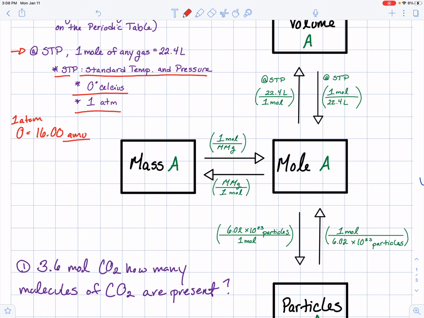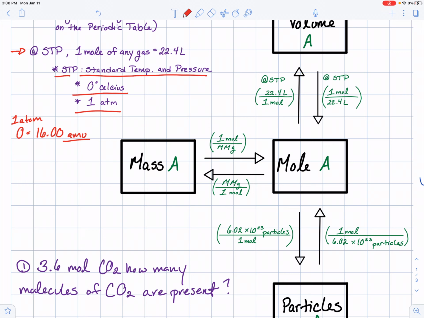So if I'm looking at something like, let's do water. So if I want to know the molar mass of water, water's chemical formula is H2O. So it is made up of 2 hydrogen. So hydrogen has a mass of 1.01 grams if I had 1 mole of hydrogen.